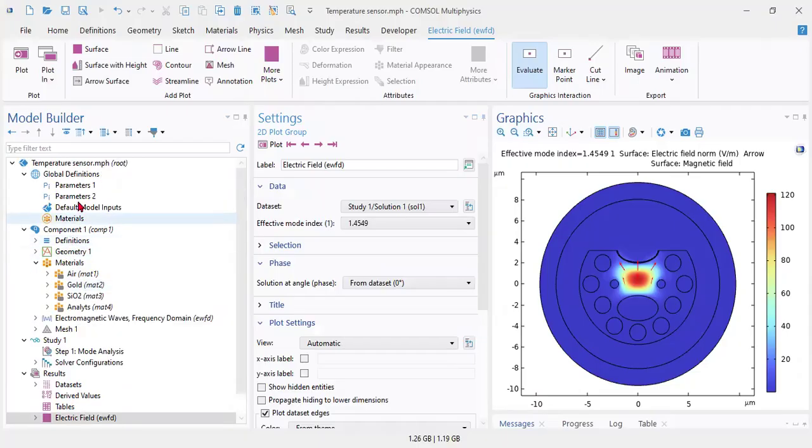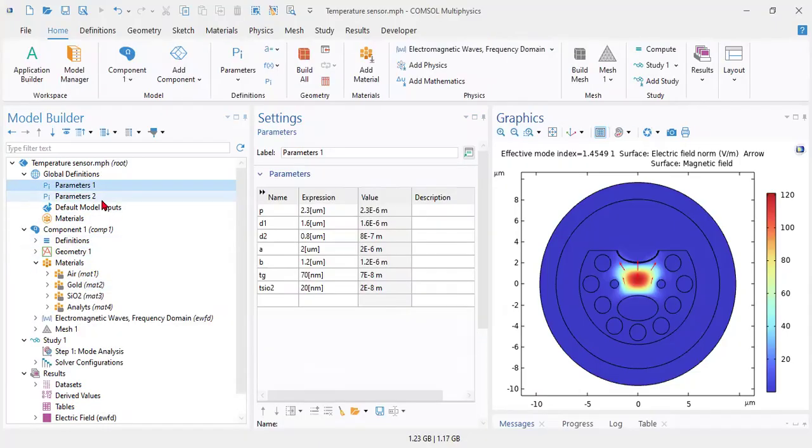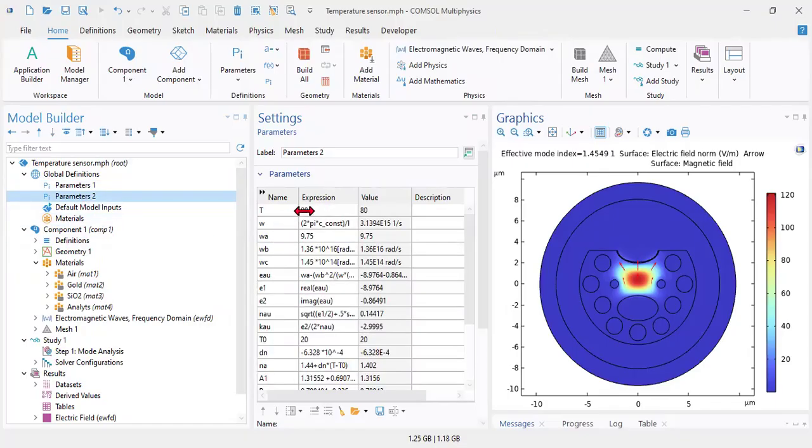So for that, what you have to do is go to parameters 2, and we have to define the temperature as 20 degrees Celsius, okay? It will change the value of Na. So it's 1.44 now.